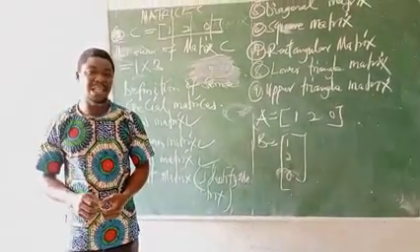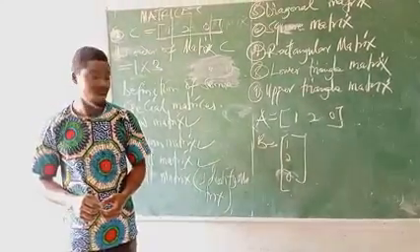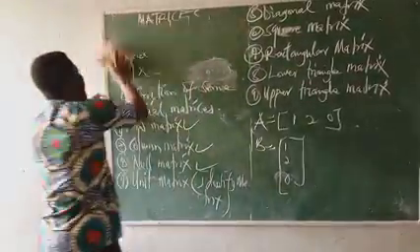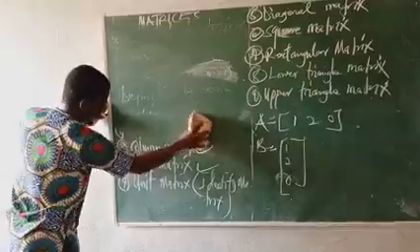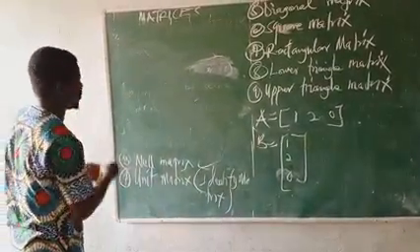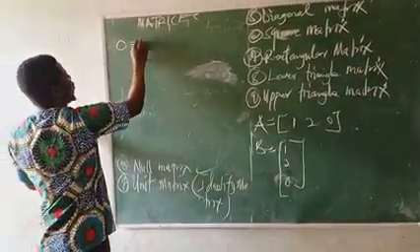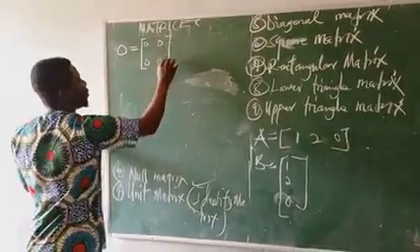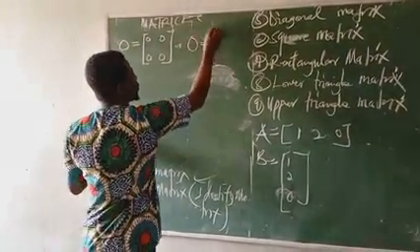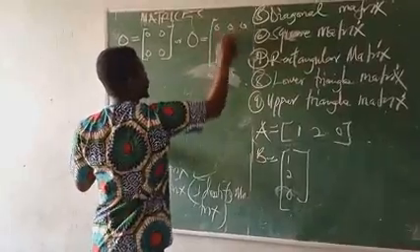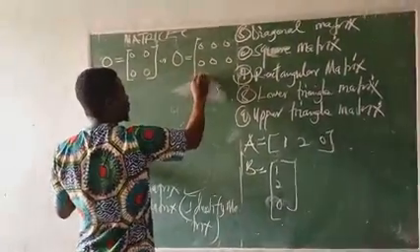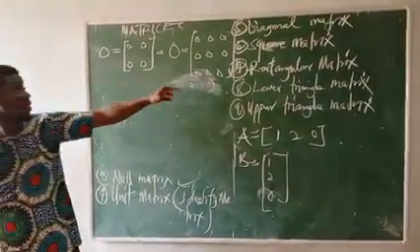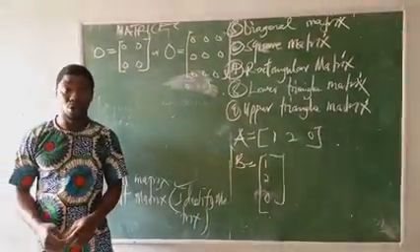And it is normally denoted as letter O. For instance, letter O equals 0, 0, 0, 0, or letter O equals 0, 0, 0, 0, 0, 0, 0, 0, 0. So you can call this one a 2 by 2 null matrix, while this one is called a 3 by 3 null matrix.